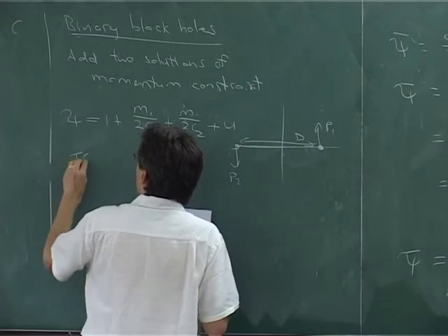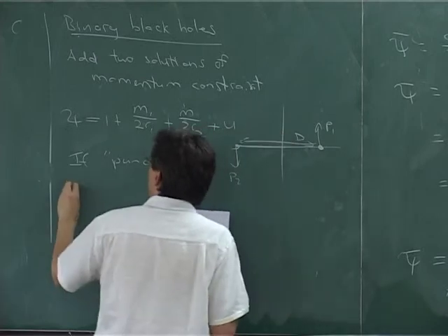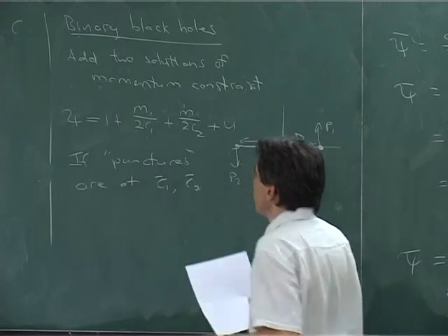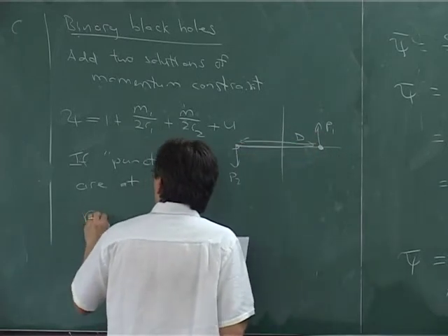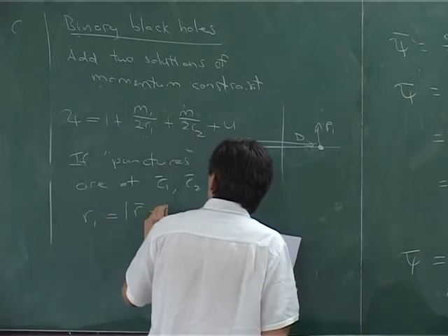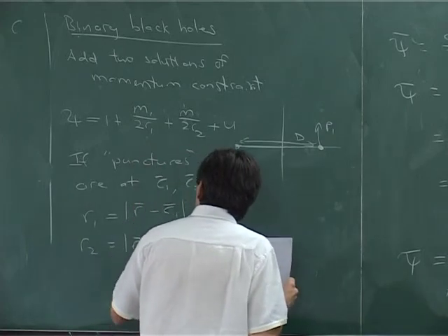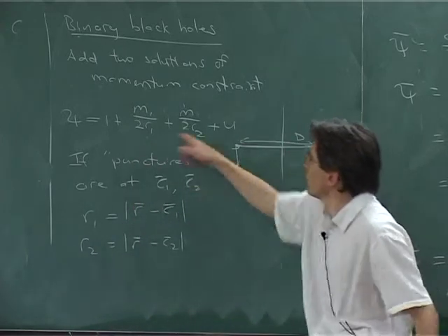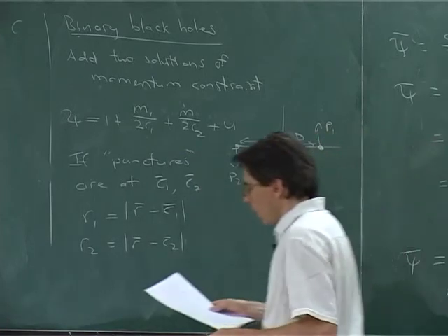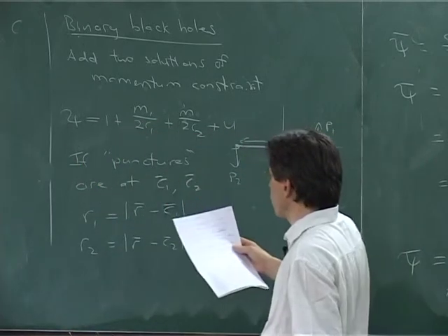If the punctures are at C1 and C2, these are the locations of them, then R1 and R2 are the distances to the two punctures. So you can just do this, and then you can again go and solve the equations.